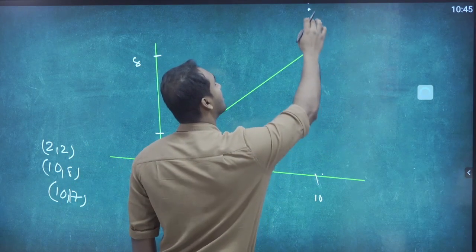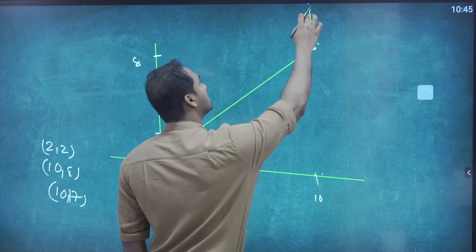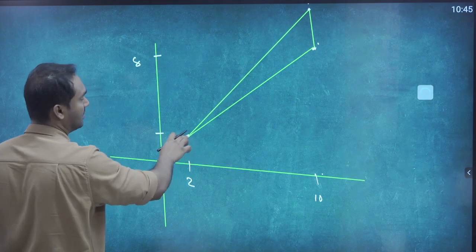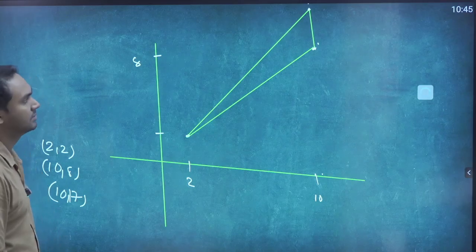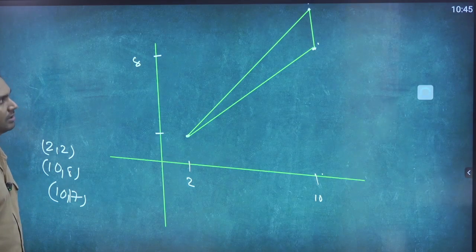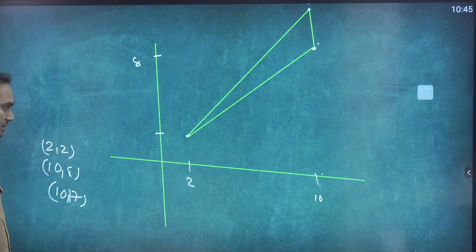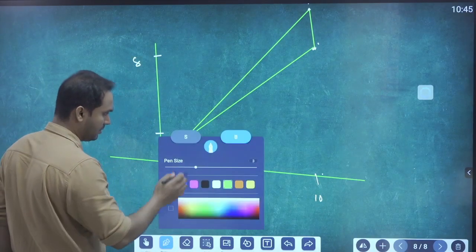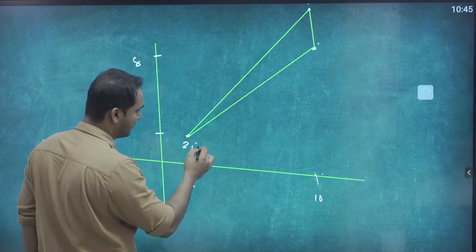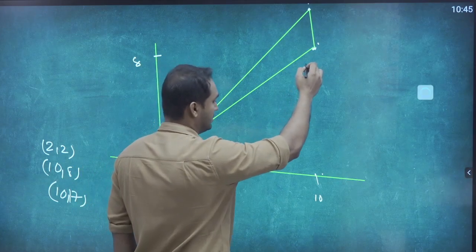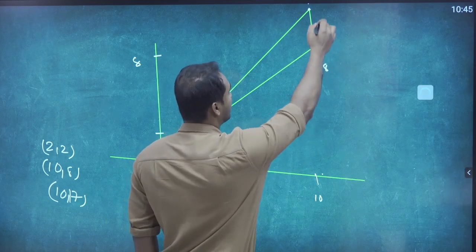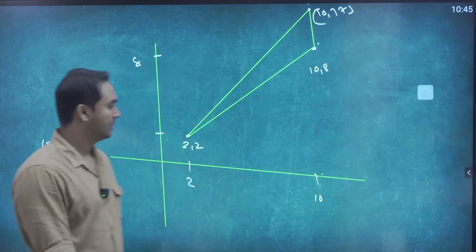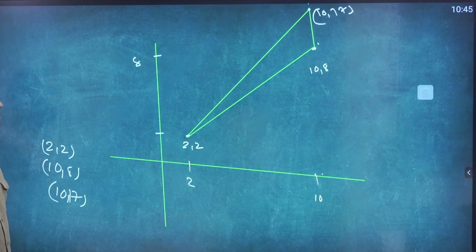Something like this. I didn't take the 17 going that far up, so it comes a little higher. Doesn't matter. So this is (2, 2), this is (10, 8) and this is (10, 17), right? You are asked to find the perimeter of it.